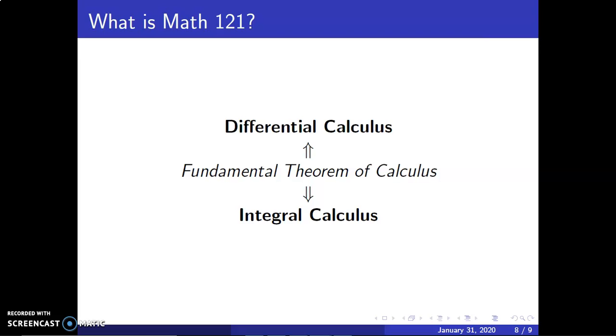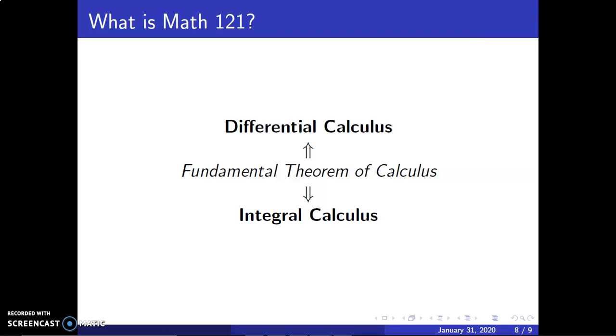They realized actually these two ideas of differential calculus and integral calculus are opposites of one another. So the methods we're going to use to perform differential calculus, it turns out if we were to do the reverse, then we would be doing integral calculus and finding those kind of curved areas.